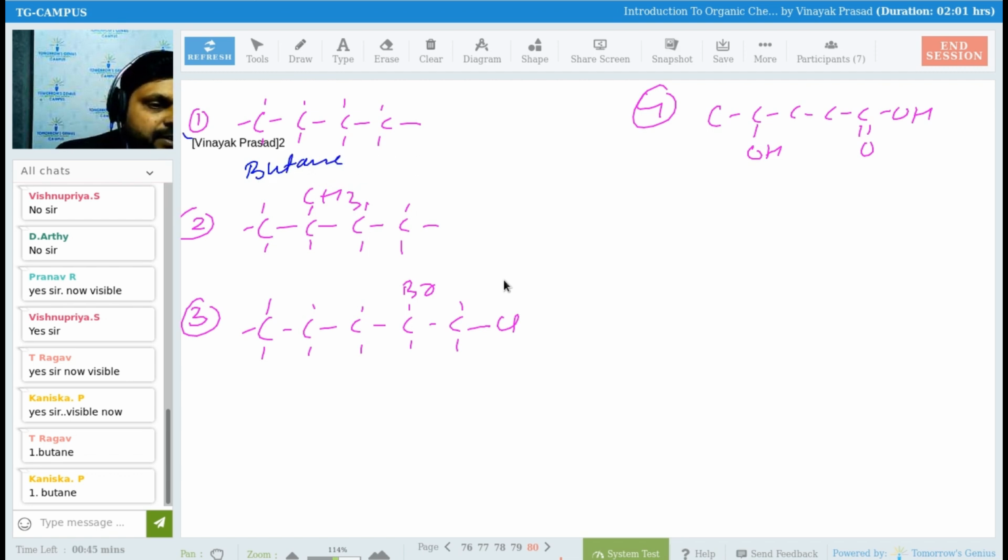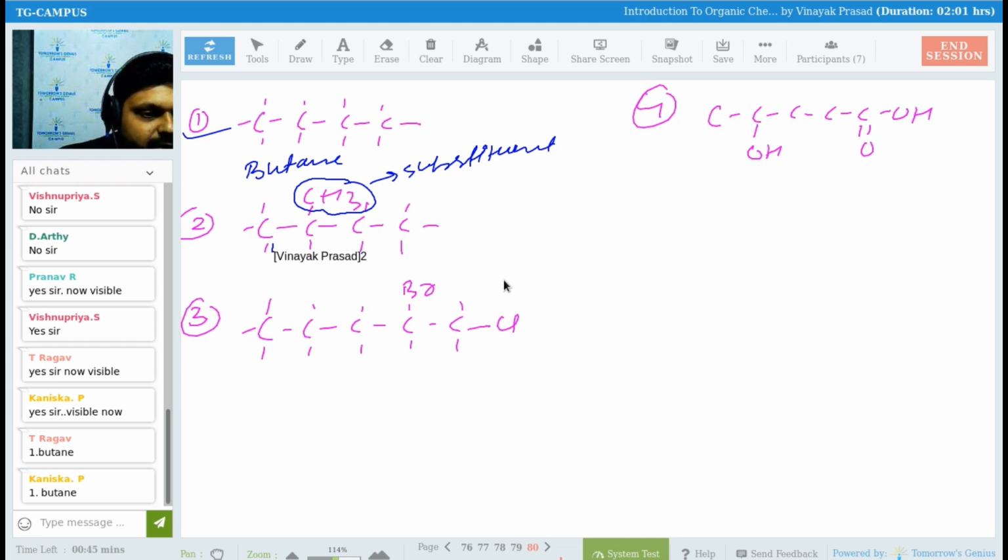This is correct. Now, second one, who will be telling me the name of this compound? See guys, how we have to do the nomenclature part? See the substituent. We have to see the substituent is coming from which side earlier. Let's suppose if I am counting from here, this is 1 carbon, 1, 2, 3, 4.